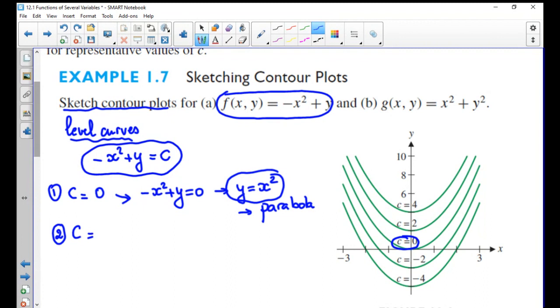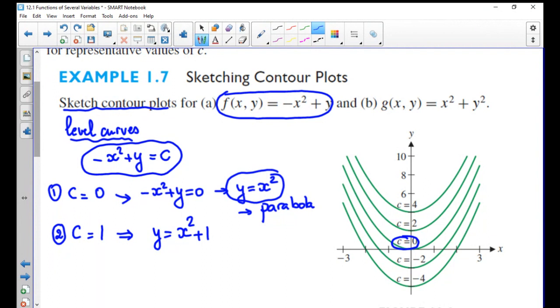You want another level curve? That means you need to choose another value of c. For example, c equal to 1. Yeah. So in this case, if I take the constant c equal to 1, y will be x squared plus 1, yeah?